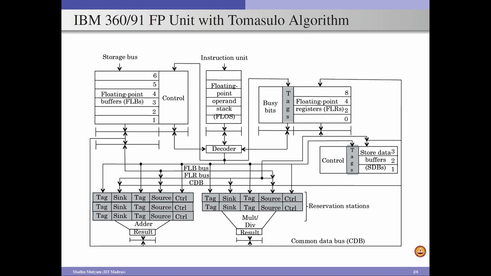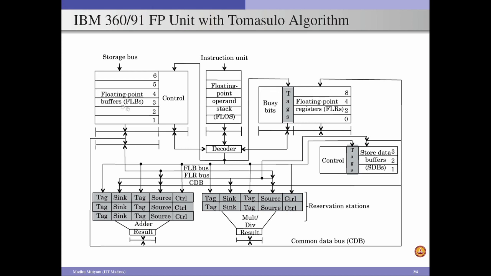We can consider a 4-bit tag associated with each of these, so that by using this tag we know whether we are going to get the data from the FLB or from the reservation stations. And as and when the data is read from the memory to the FLB, we can forward that information through this common data bus connected to this register file.